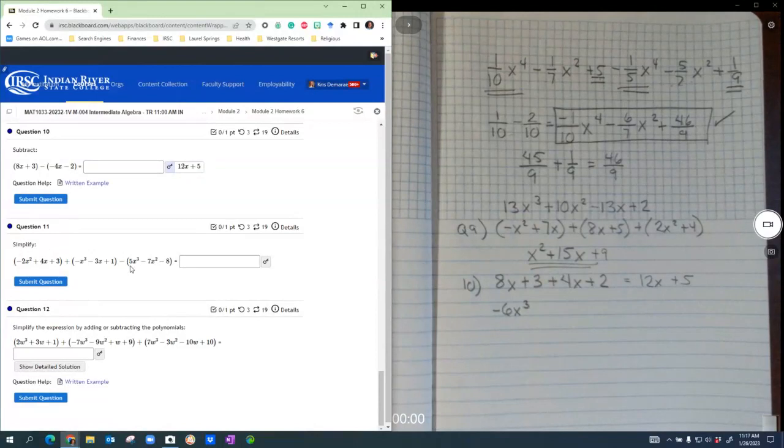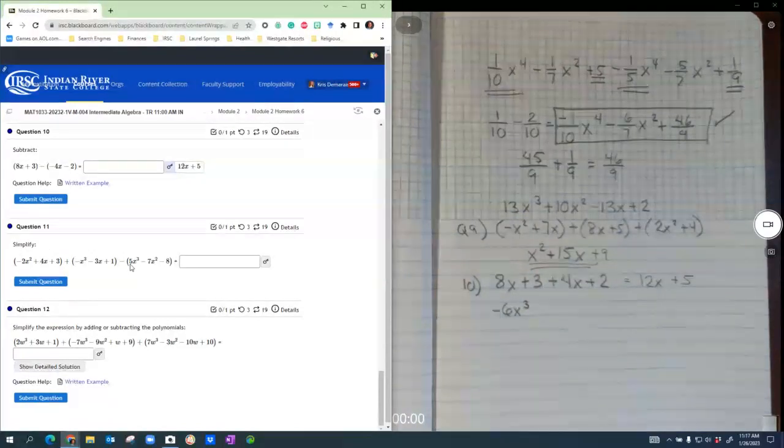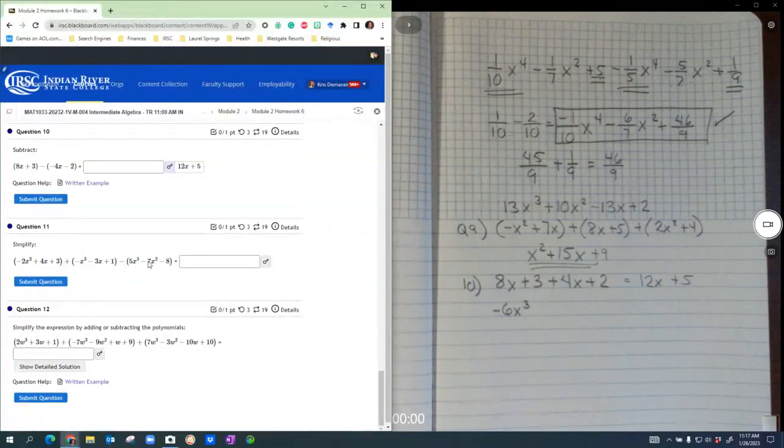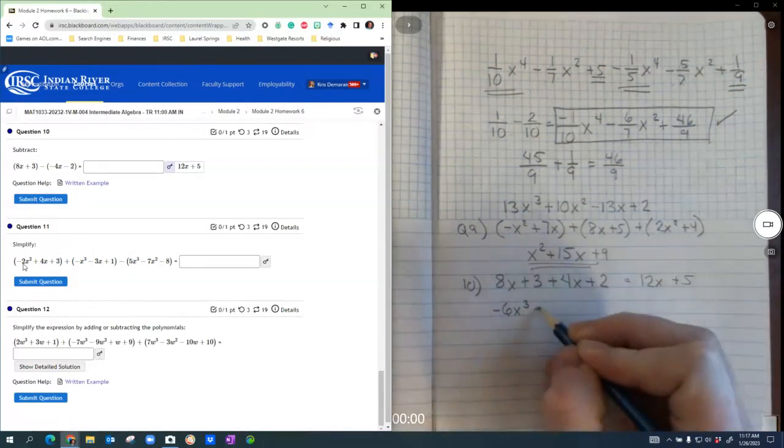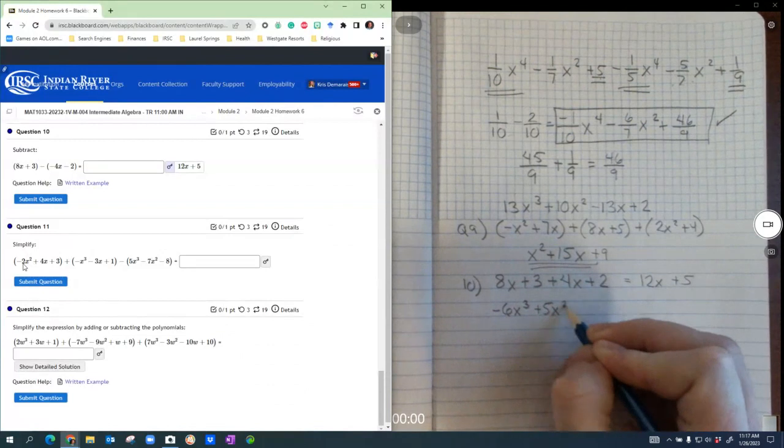Now, looking for the next degree power, will be squared. So I have a -2x squared added to a +7x squared, because that negative changes that to a positive. So -2 plus 7 is +5x squared.